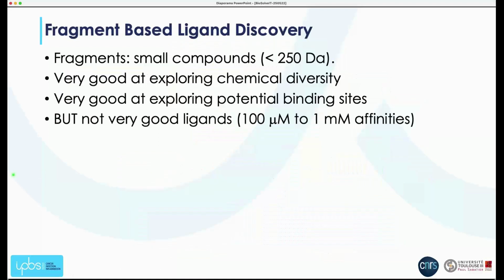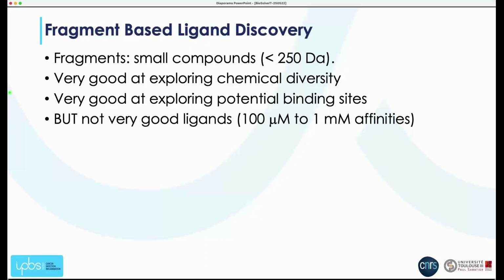So, as has been shown already yesterday, fragment-based ligand discovery has many advantages, especially for an academic group. Yesterday, there was a talk about the chemical diversity that was possible to achieve for molecules with about 14 to 15 non-hydrogen atoms.